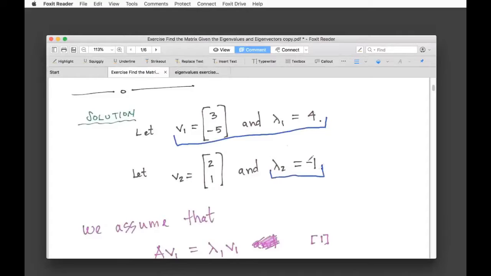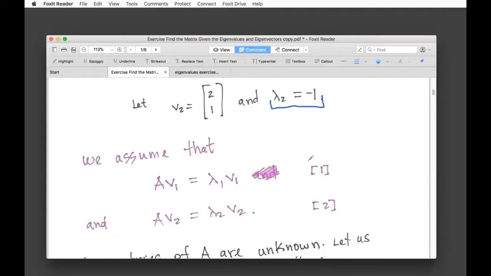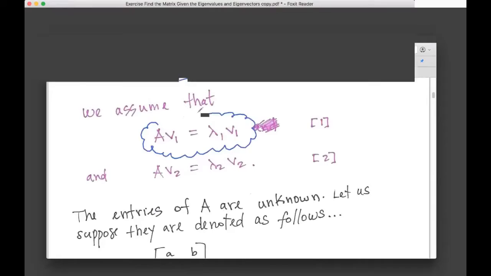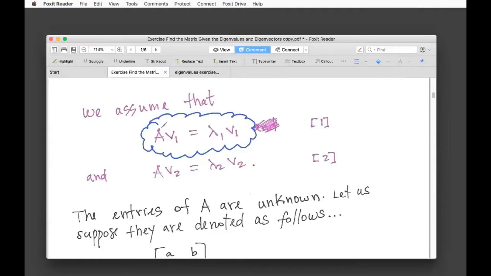The definition of eigenvalue has to do with an equation of this type, which is called the eigenvalue-eigenvector equation. Here we have a matrix and a vector on the left-hand side, and on the right-hand side we have a scalar lambda times vector v sub 1.